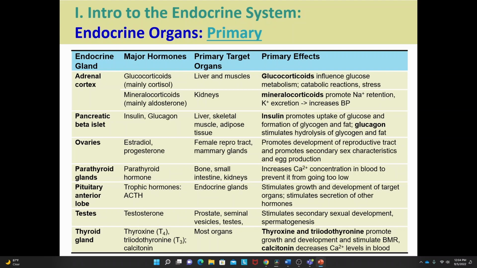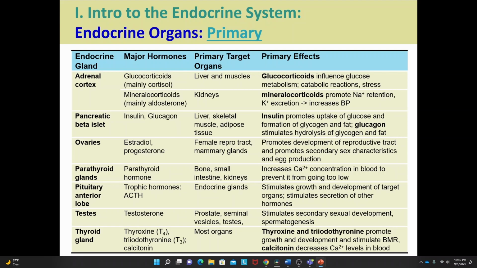I'm not going to read all these, so if you want to pause here and look through this, you can. We will get into each of these in the next videos. But this would be a good table to look at if you want to get an overview of everything. Now, the ones we see here are all primary, meaning this is their job. Their main focus is to be an endocrine organ.